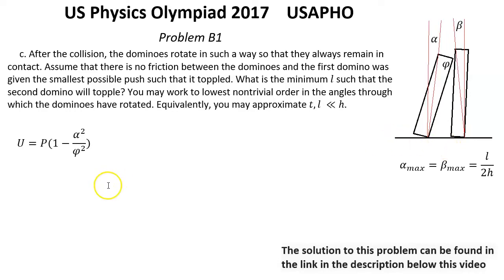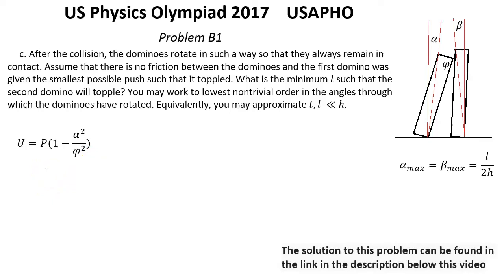And in the highest position, when the diagonal is vertical, the potential energy equals P. In that case, we can use this formula to approximate the behavior of the potential energy with the angle alpha for the direction of this diagonal. That will be a quadratic function. And let's check: if alpha equals 0, the potential energy equals P, and if alpha equals phi, the potential energy equals 0. So that's a true behavior.